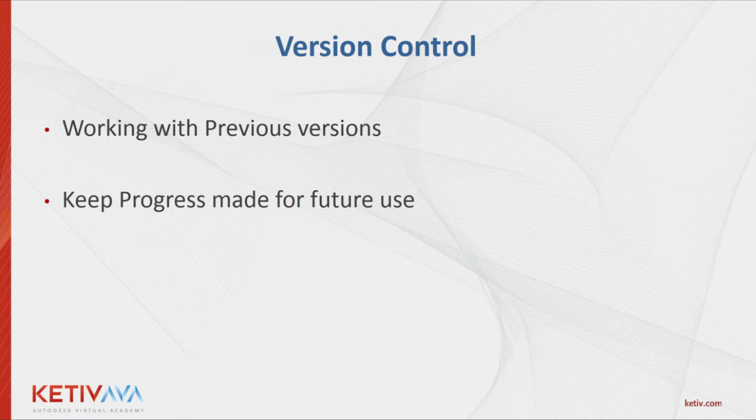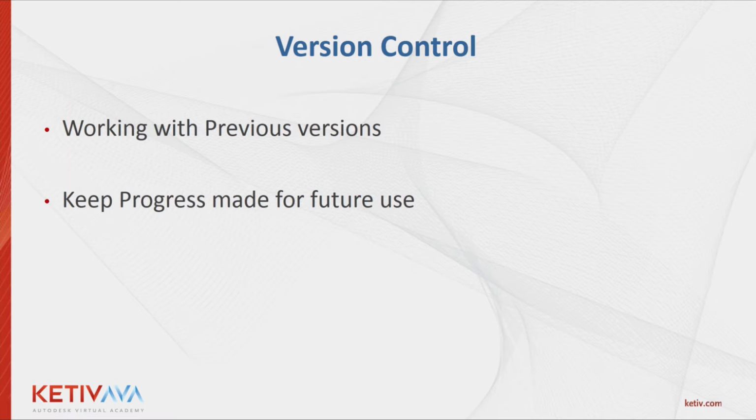Another thing we want to go into today is actually the version control that comes with the Vault workflow in Inventor. Working with the previous versions that you might have edited in the past, you can go as far back as you need to because of the versions that are kept in Vault. They work, to relate to some of our AutoCAD users, sort of like the BAK file with your AutoCAD drawings, where you can revert back.